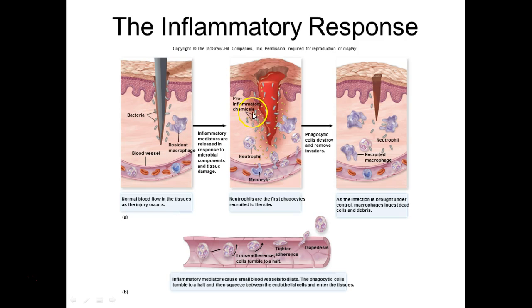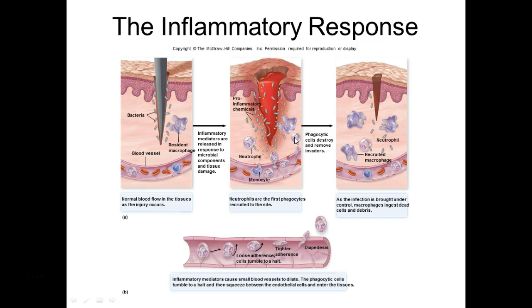So notice again these chemicals, pro-inflammatory chemicals. So you've got cells that are injured, you have white blood cells that are on scene that recognize there's an invasion. They're going to send out these signals, and they're basically calling for backup, right? And so you'll get this increased blood flow to get more white blood cells to the area.